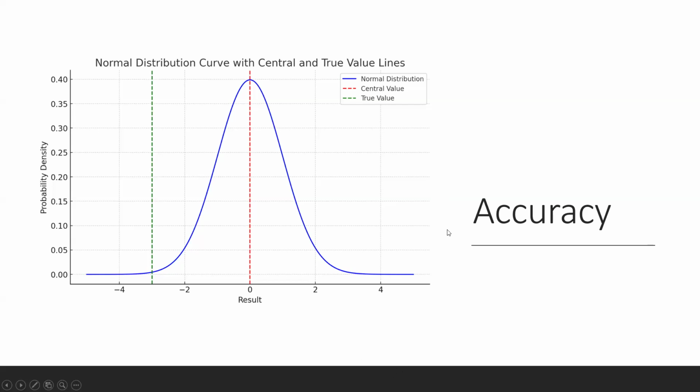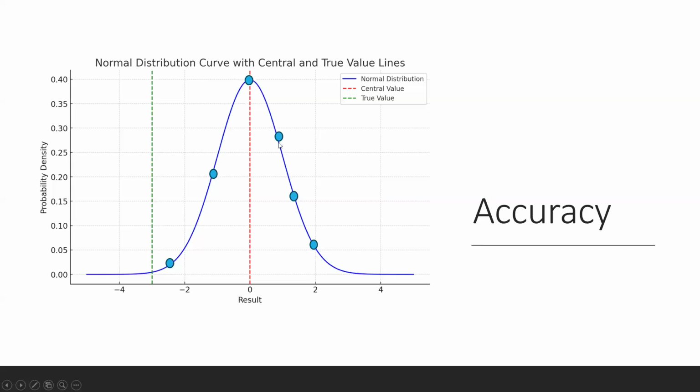When we run a sample once, the accuracy is the most important. Now consider this, where the green line is the true value and the red line is the central value if we were to run the particular sample a number of times with a fixed standard deviation and a central value. If we run a sample once, we may get a result that sits anywhere along this blue curve.